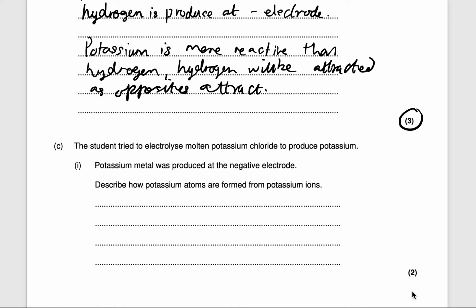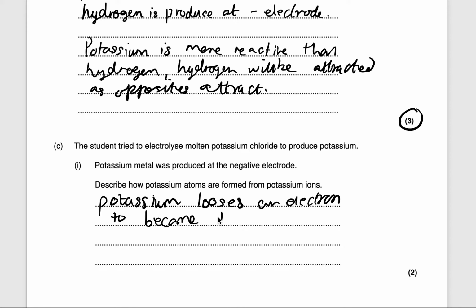So potassium gains an electron to become the potassium atom. Okay, and that will get you 2 marks.